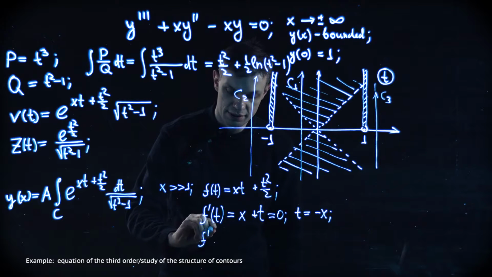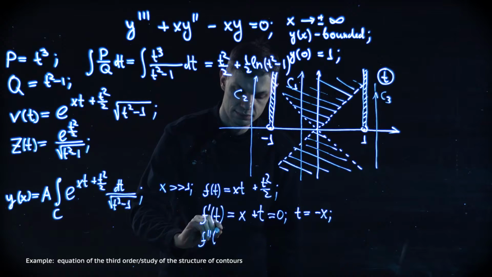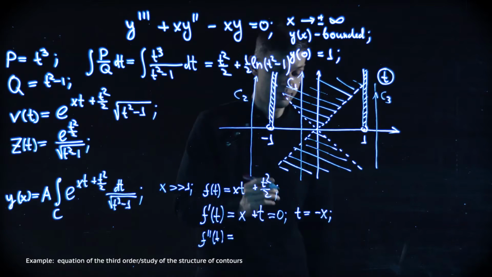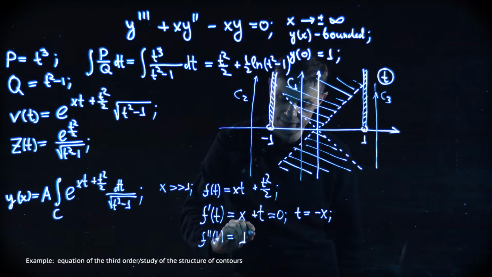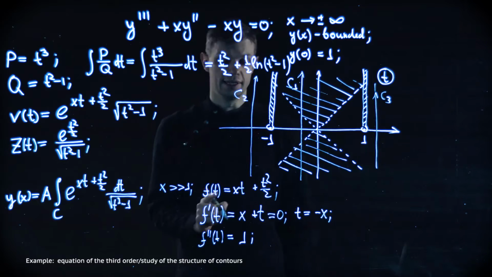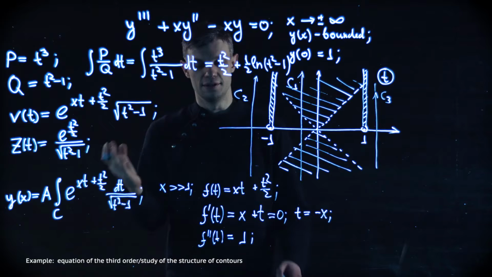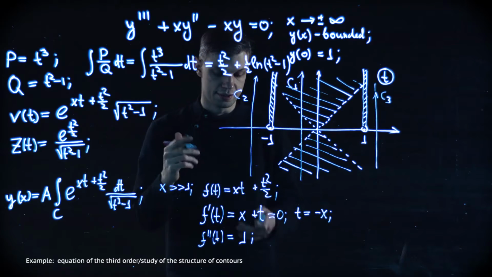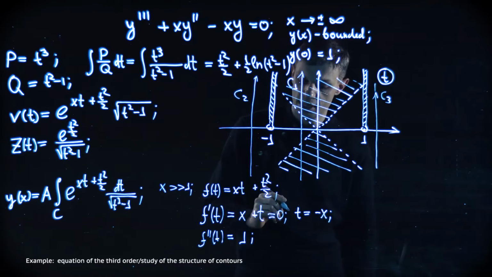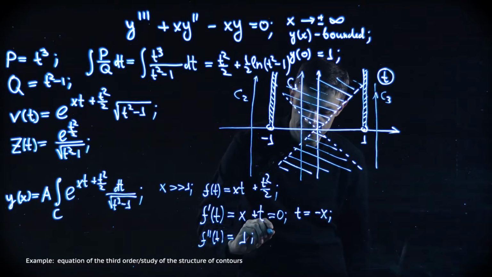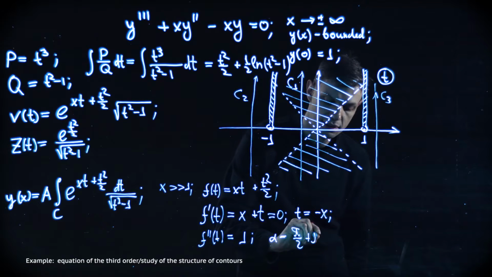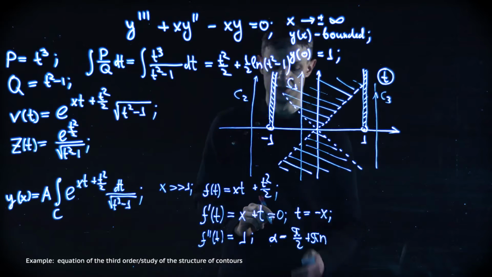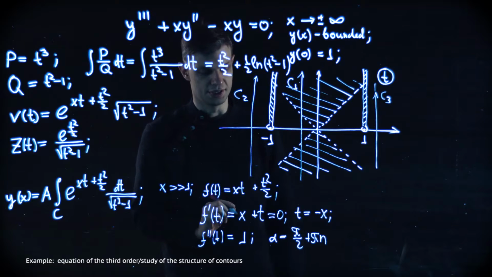The second derivative is independent of t, sorry, it's simply 1. You can write down by yourself the equation for the steepest descent direction, and what you're going to get is just a very simple thing: alpha is equal to pi by 2 plus pi n. So this is the steepest descent direction.